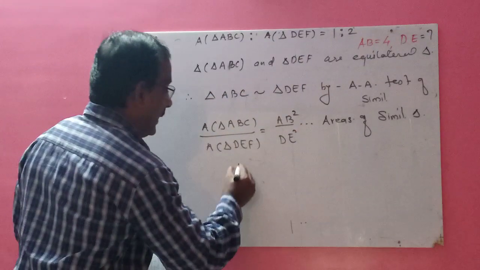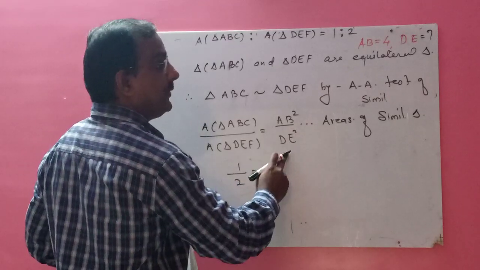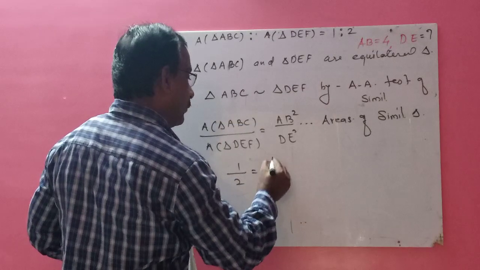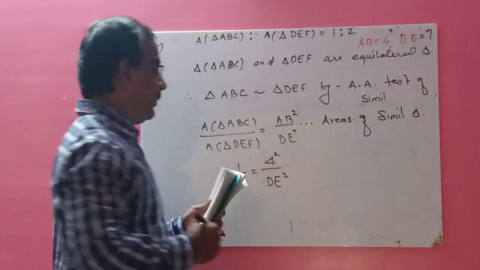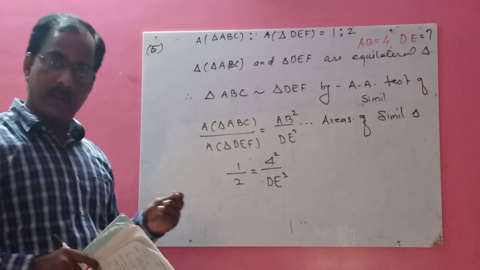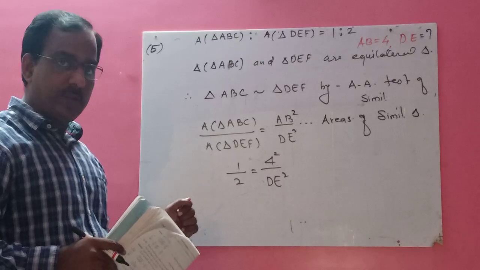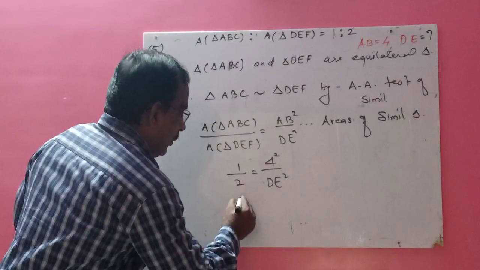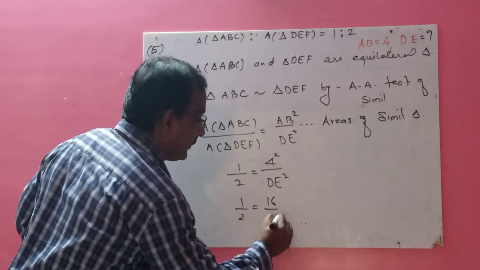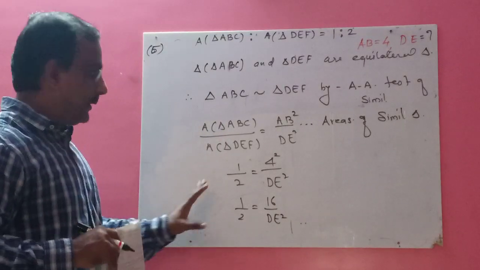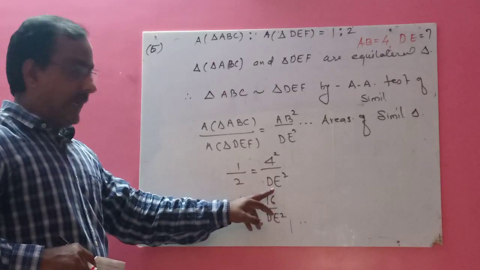So write down here 1/2, which is equal to AB square upon DE square. AB is also given, so 4 square upon DE square. Got it? Do the cross multiplication or take the square root of this. So 1/2 is 16 upon DE square. I have not taken the square root. 4 square is 16 and DE square.